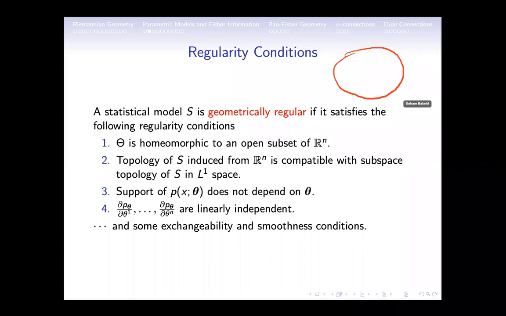Suppose here there is a (mu 1, sigma 1 squared) and there is a (mu 2, sigma 2 squared). Here is a two-dimensional statistical model, so there can be two directions, one in the direction of mu and the other in the direction of sigma or sigma squared. We'll write this as partial mu and partial sigma.